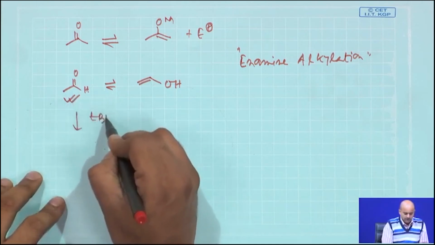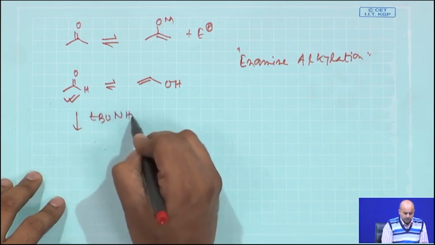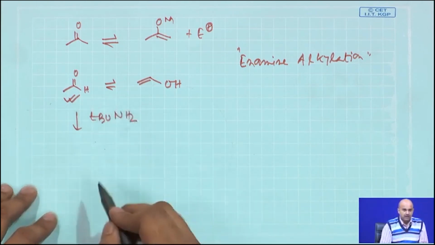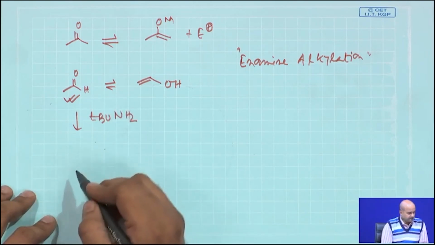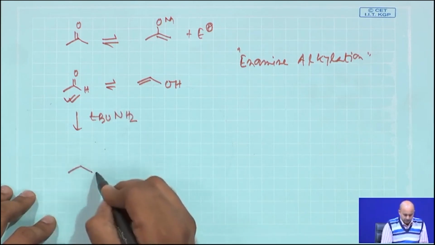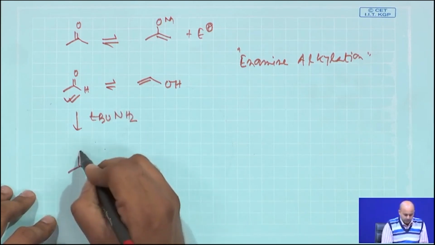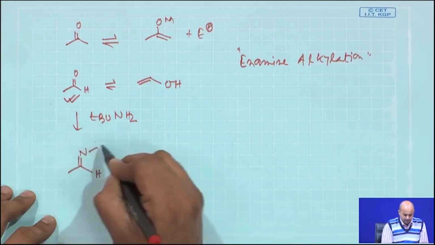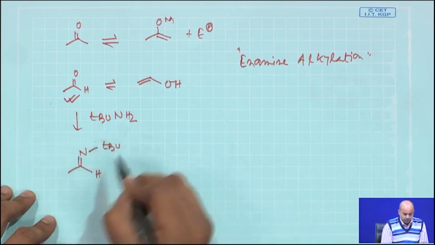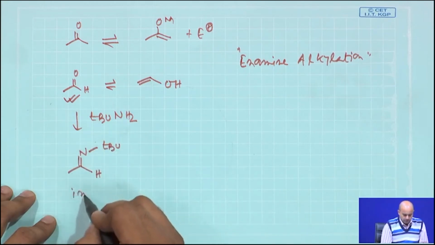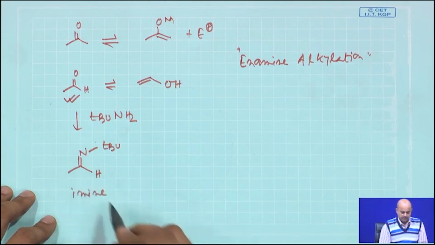Initially, you treat this compound with a primary amine, and the acetaldehyde reacts with this primary amine through a condensation reaction to give you an imine.